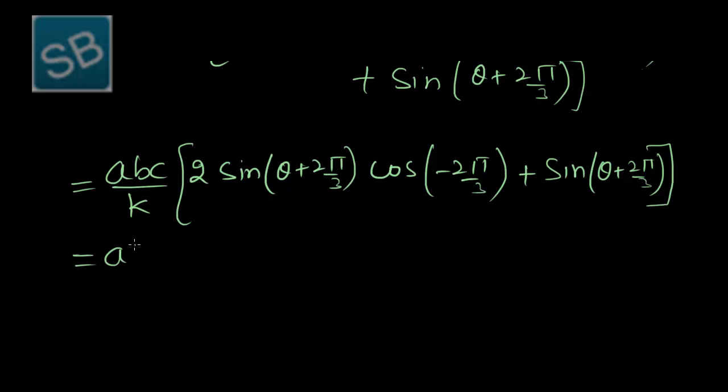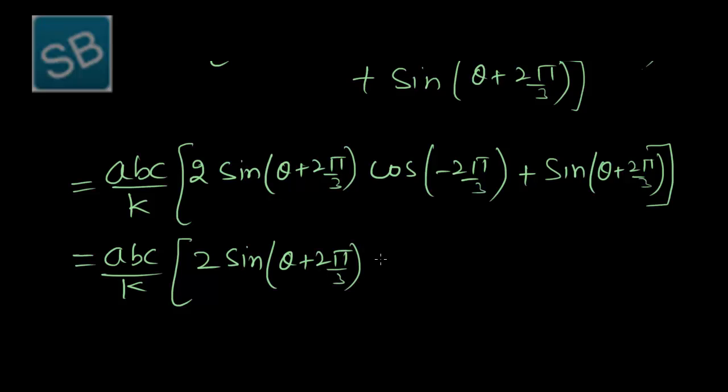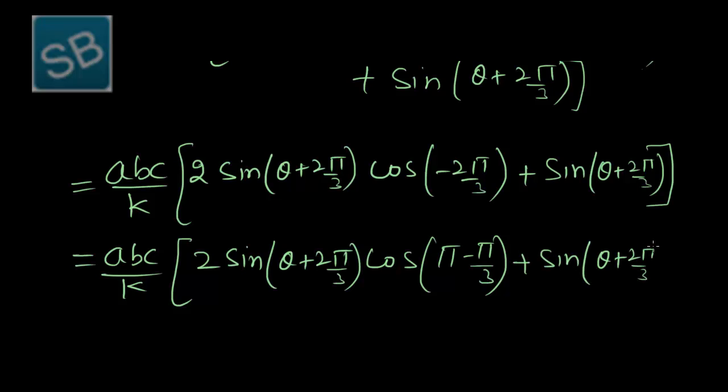So we get ABC over K, that is 2 sin theta plus 2 pi over 3, and cos of minus theta is cos theta, and it can be written as pi minus pi over 3, plus sin theta plus 2 pi over 3.